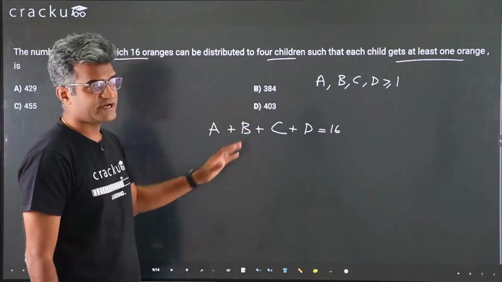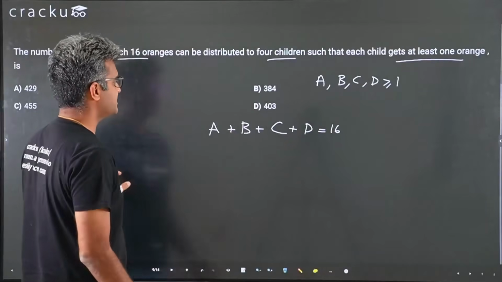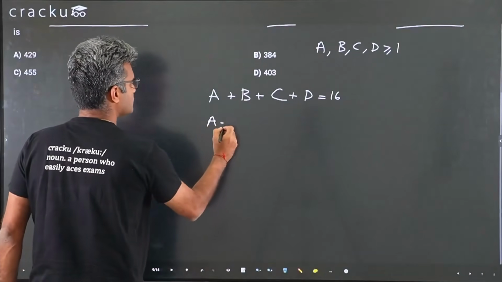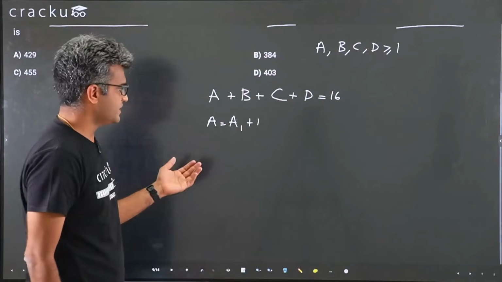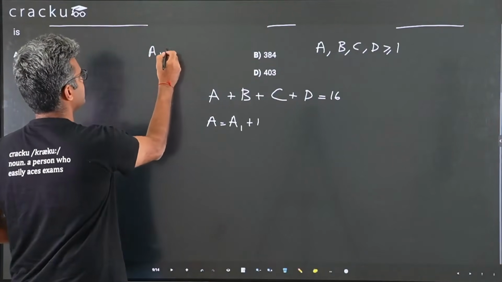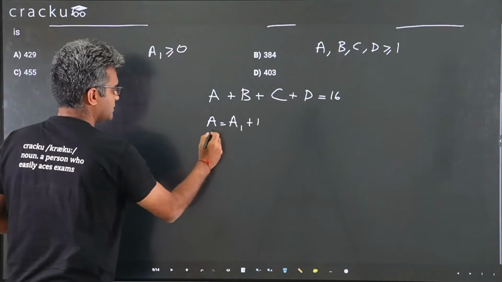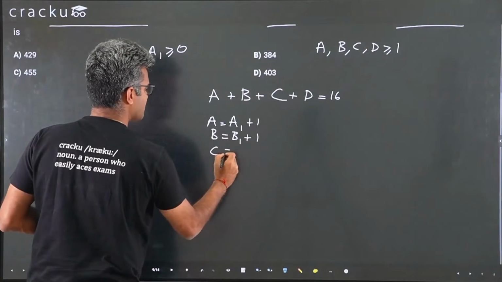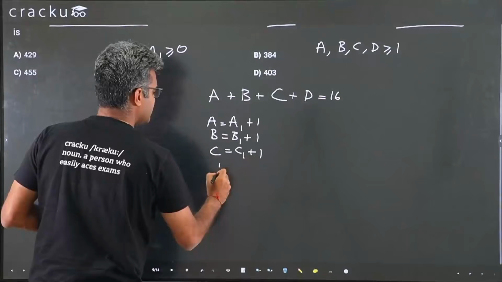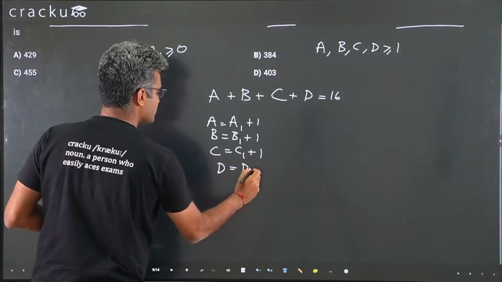If all of them are greater than or equal to 1, let us assume that A is equal to A1 plus 1. Because A is greater than or equal to 1, A1 will be greater than or equal to 0. Let B be equal to B1 plus 1, C be equal to C1 plus 1 and D be equal to D1 plus 1.